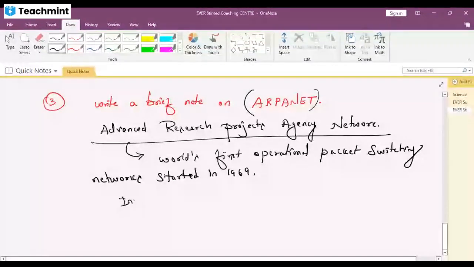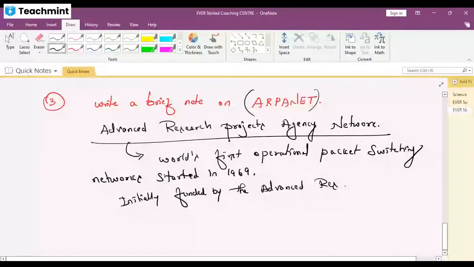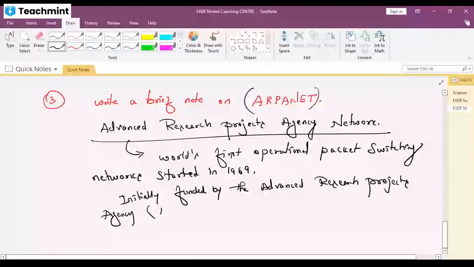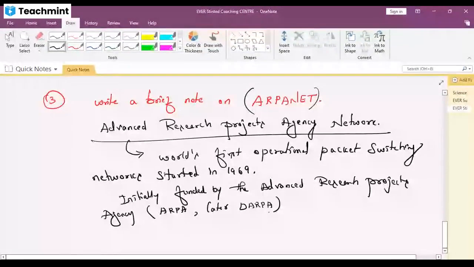Remember, it was initially funded by the Advanced Research Projects Agency, that we named as ARPA. Later, it was changed to DARPA. First it was ARPA. Later the name was changed to DARPA.